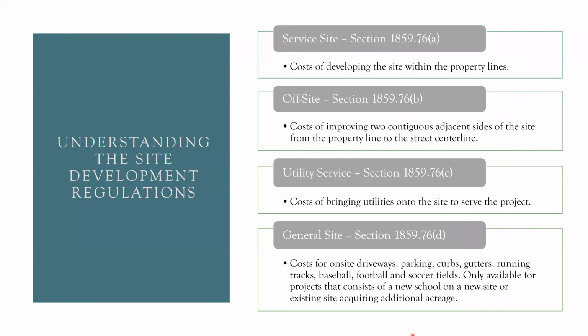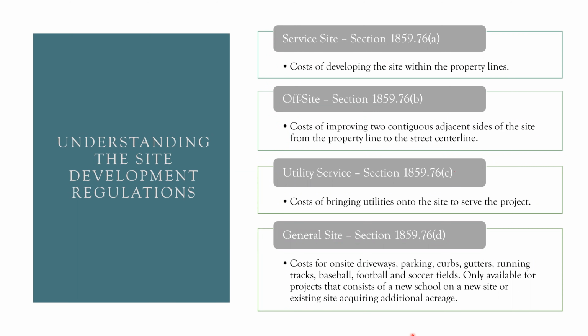Okay. Here we have provided the regulations for site development. For example, for service site is SFP regulation section 1859.76a. So for service site, it covers costs of developing the site within the property lines.